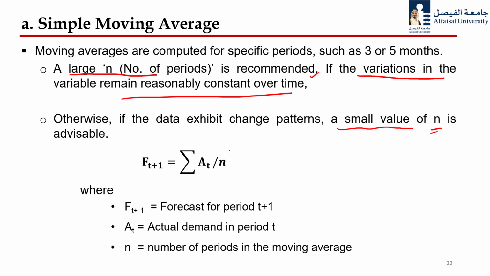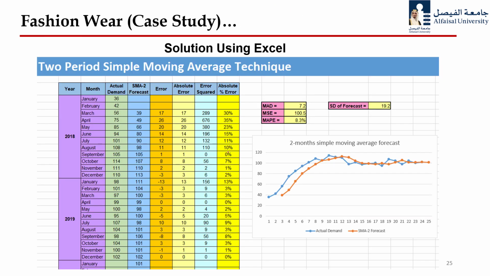So the formula for the simple moving average, to predict the next time period forecast, would be the sum of the actual data points, depending upon what number of periods you are considering. If you are considering 2 months, then we add two values. If we are using 3 months, that is going to be three, as we have seen with the help of the example.